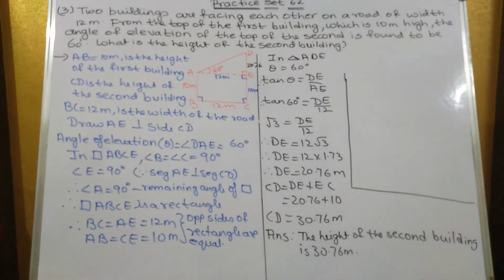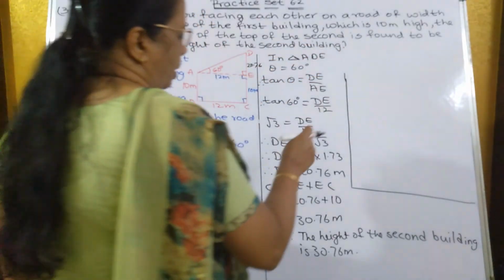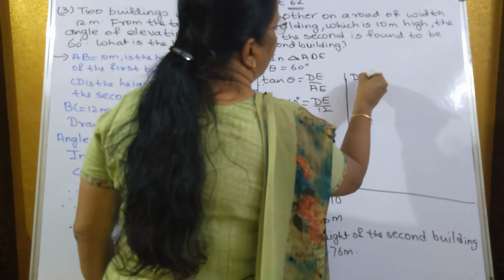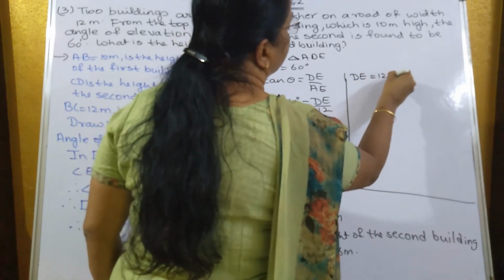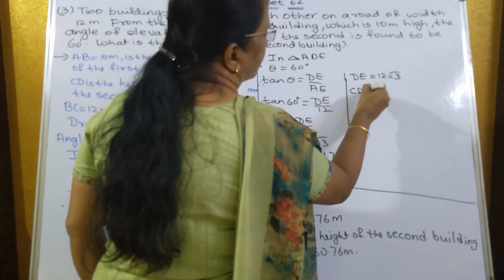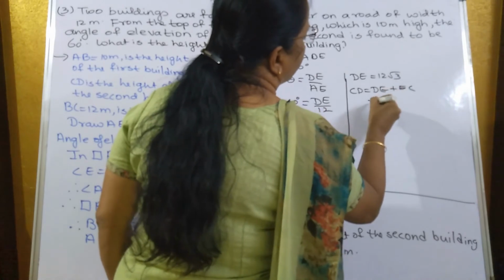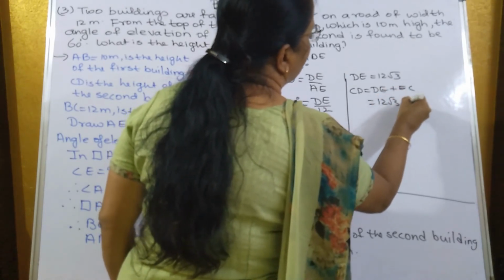Now in this sum they had not given in the bracket what is the value of root 3. So you can keep DE equal to 12 root 3 and CD is equal to DE plus EC, that's equal to 12 root 3 plus 10.